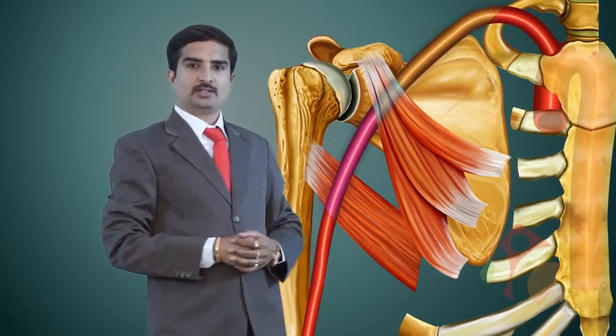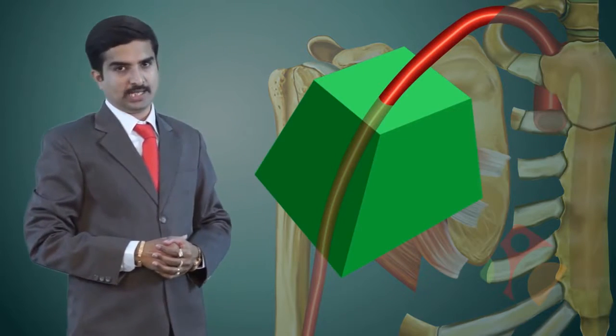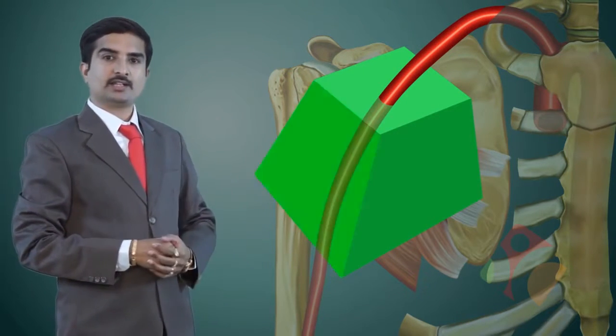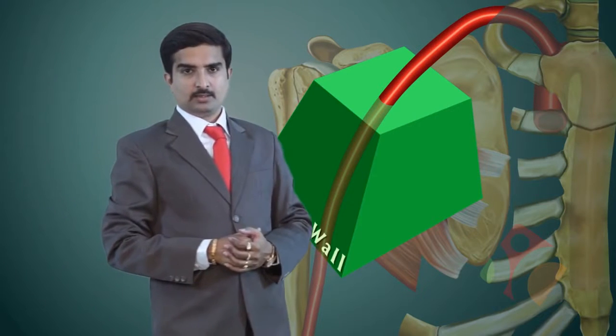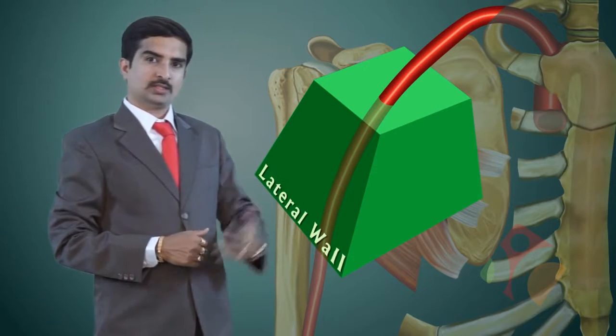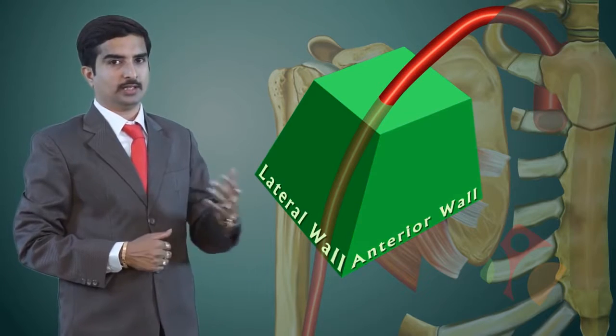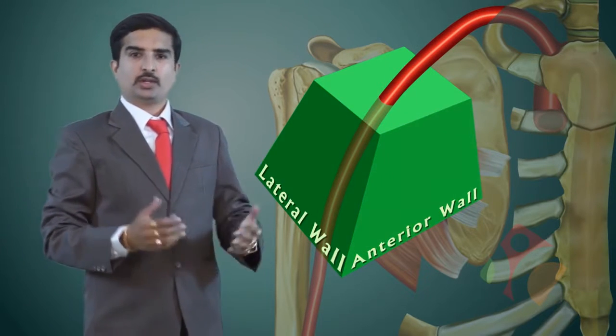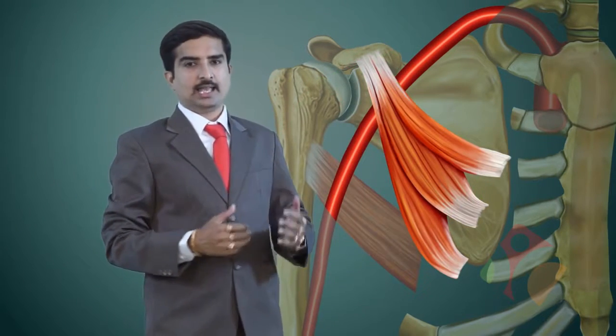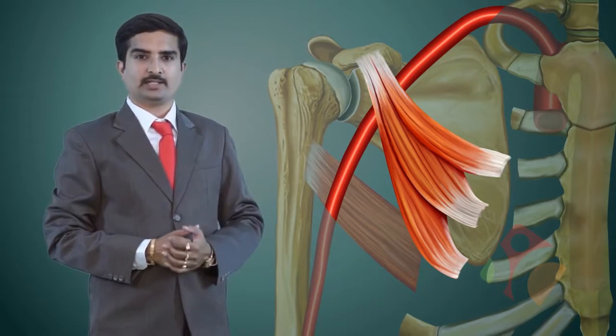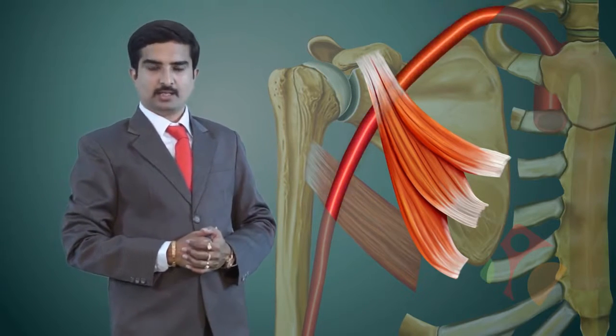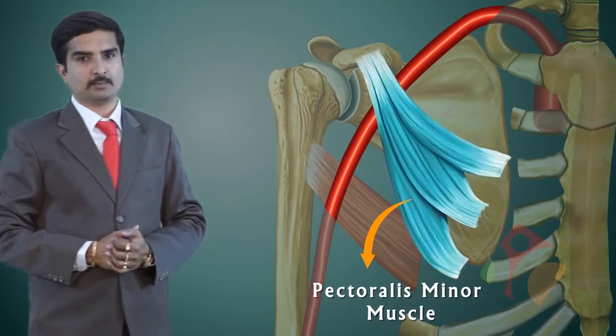The axillary artery, while it is passing through the axilla, generally runs over the lateral wall, but it is closer to the anterior wall than the posterior wall. So here we must know that the axillary artery has been divided into three parts by the pectoralis minor muscle.